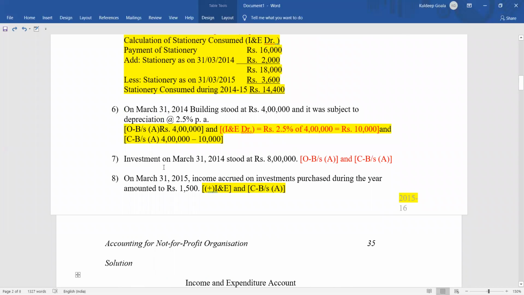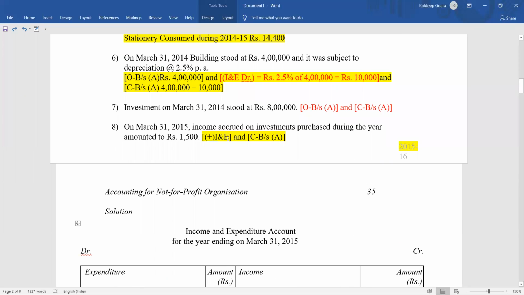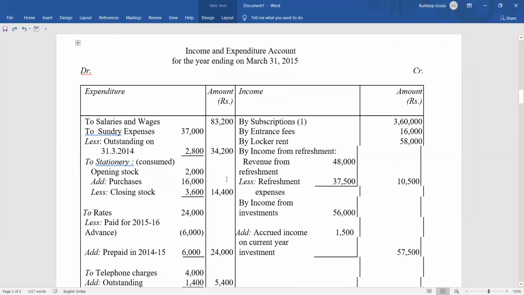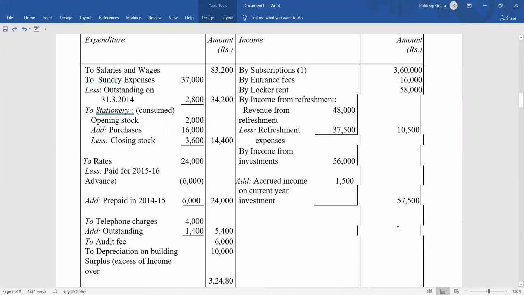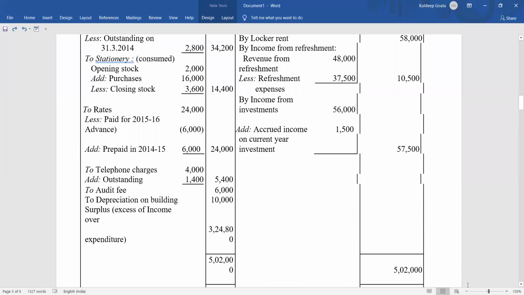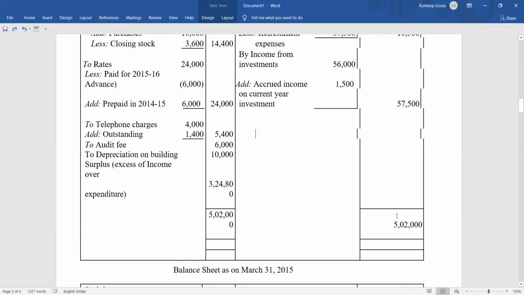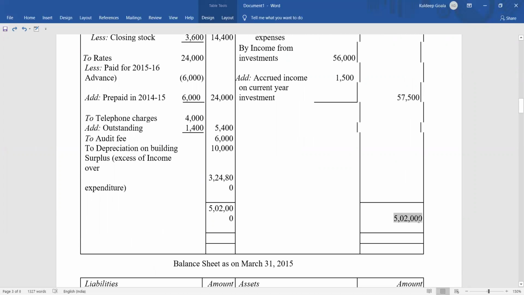And then investment is also done, and accrued interest on investment is also done. So this portion is over. Now we can go for the balancing of both the sides. Let's do the totaling of both the sides in the rough. As you can see, we can easily ascertain here that the credit side is more. So let's take the credit side total, that is 5,02,000 on both the sides.